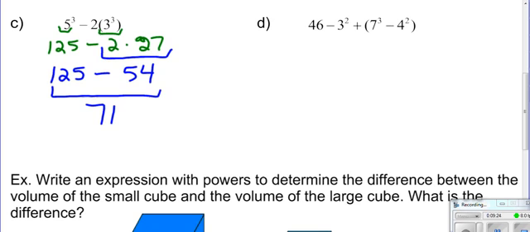Our last example, we have 46 minus 3 squared plus, in brackets, 7 cubed minus 4 squared. Okay, so again, I'm going to evaluate all of the exponents first, so I'm going to figure out what these are. Now notice we don't have the same base being subtracted inside the brackets, so we can't use our exponent rule to combine those exponents.